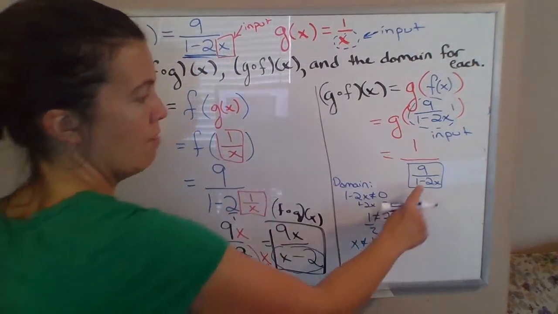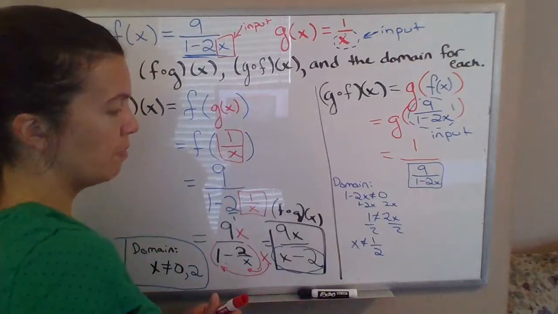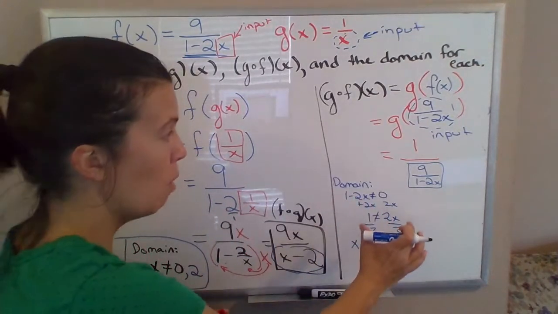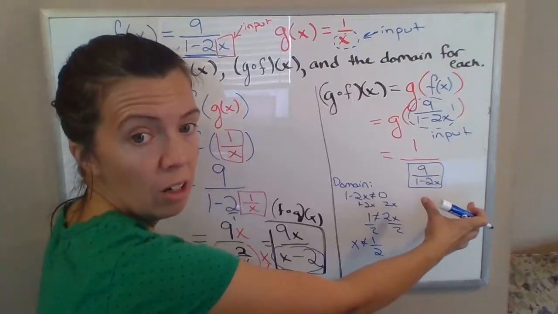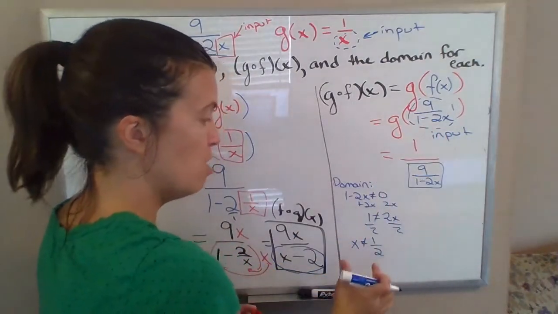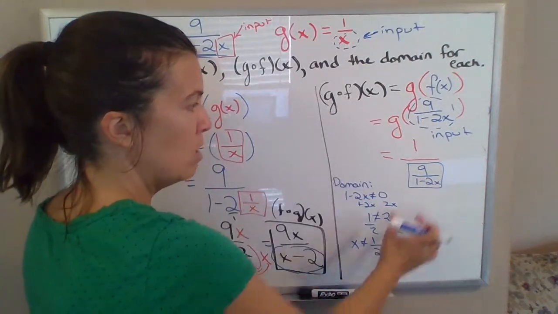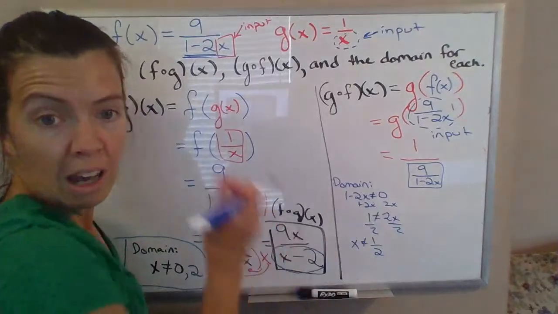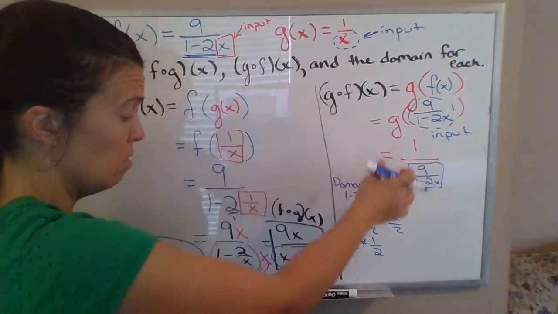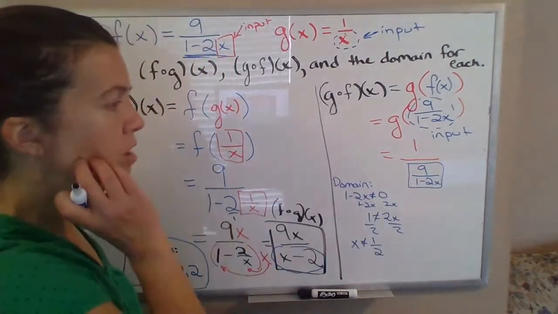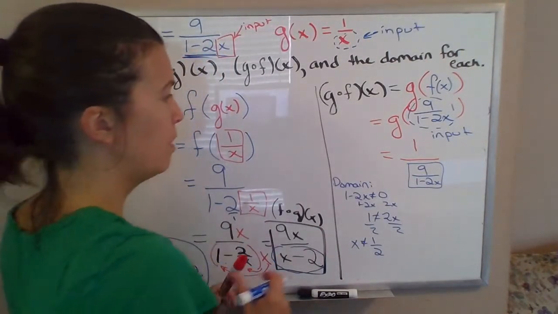If x is 1/2, that's going to make this denominator 0. Okay, so it's always nice to pause when you're about ready to simplify, which is where we are. We've put one function into the other function, now we just have to simplify. Pause before you do that and make a quick note that I need to make sure x is not 1/2, so this denominator is not 0. Because once you simplify, you're not going to recognize that fact anymore.